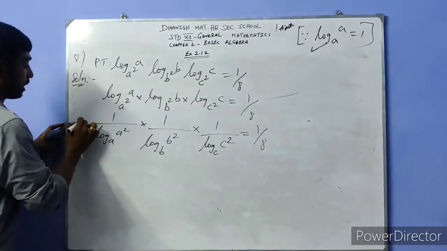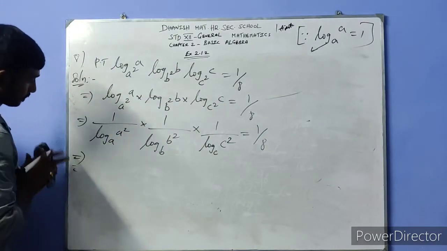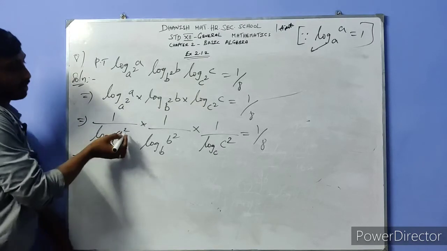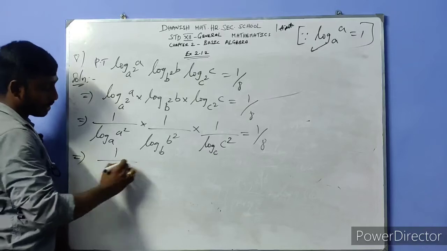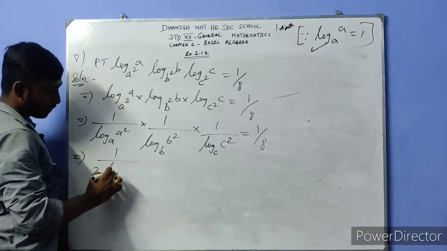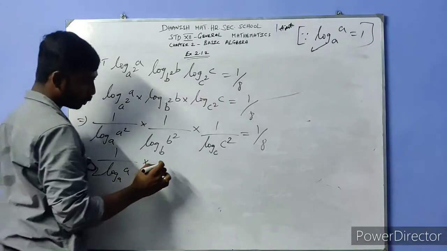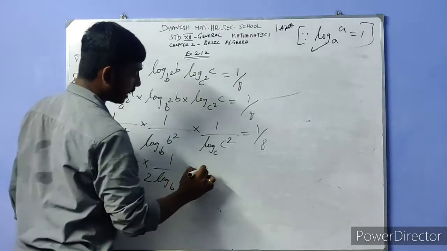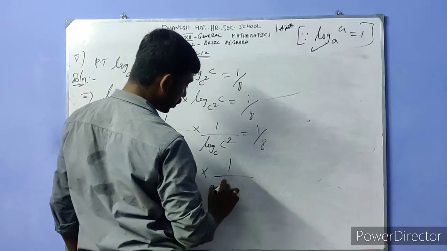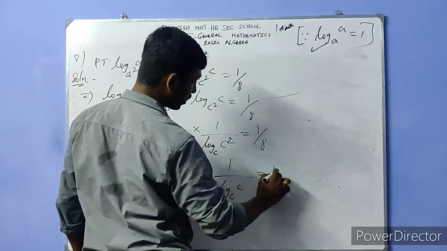This power will come behind the log value. We are using the power rule method. 1 divided by 2 log A power A into 1 divided by 2 log B power B into 1 divided by 2 log C power C equals 1 by 8.